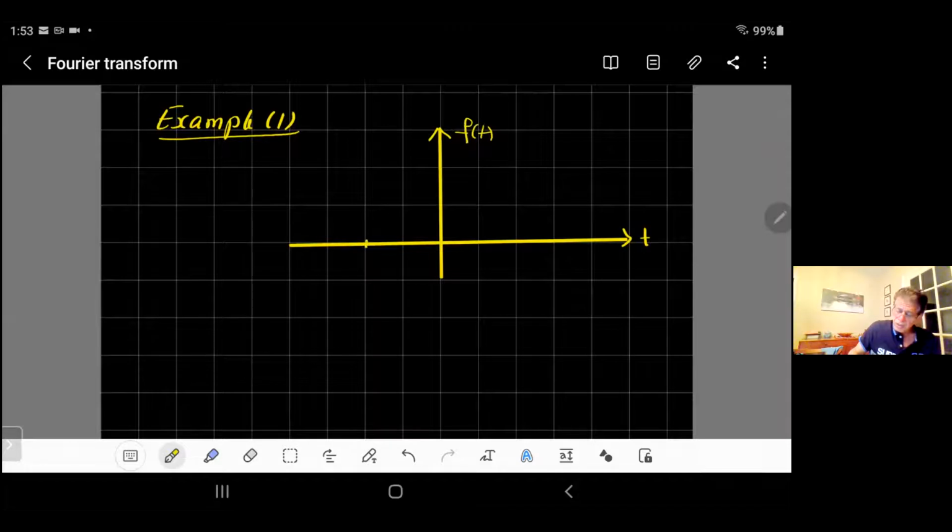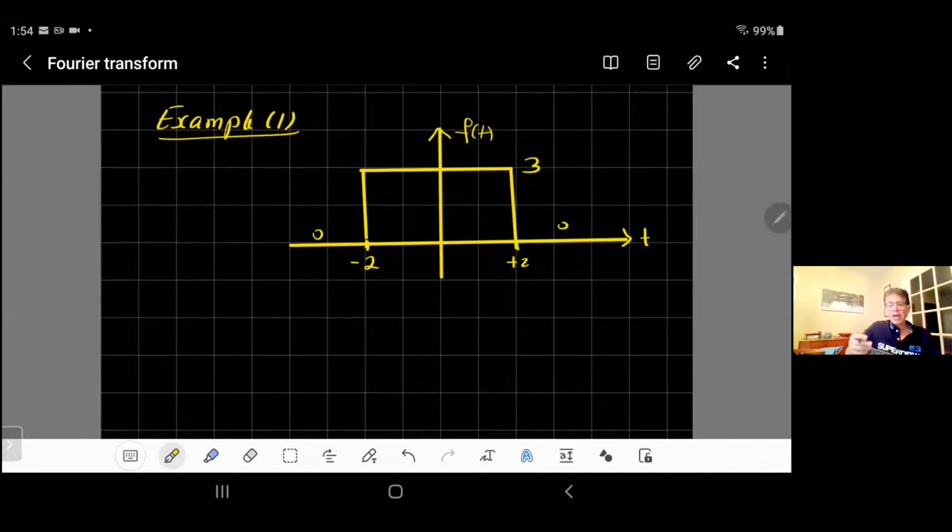It is equal to 1 from -2 to +2, and 0 everywhere else. Well, let's take another value, not 1, let's take 3. So it will be equal to 3 from -2 to 2, and 0 outside.